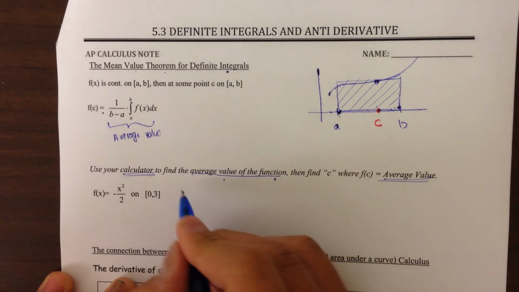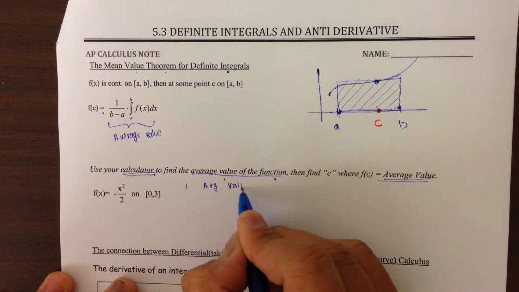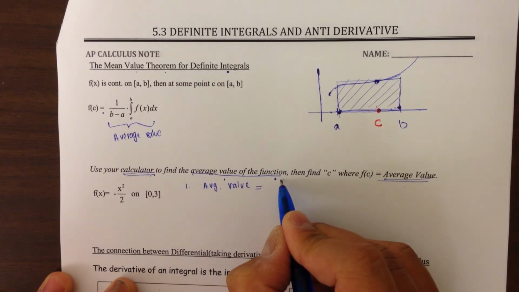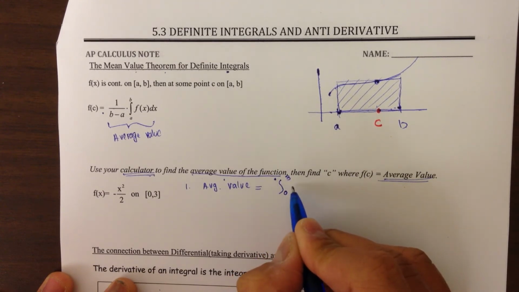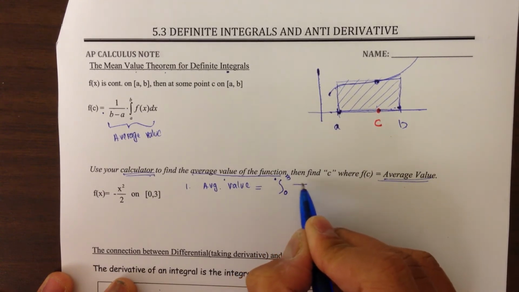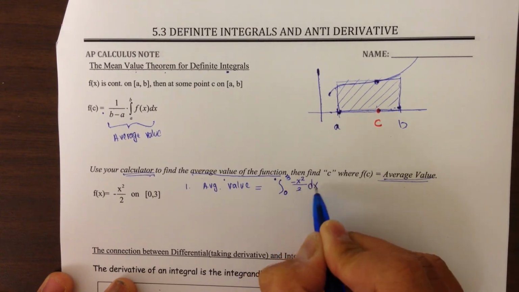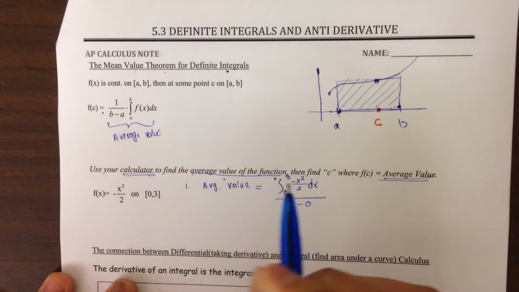The average value would be equal to the integral from 0 to 3 of my function, x squared over 2 dx, divided by the length of the interval, which is 3 minus 0.